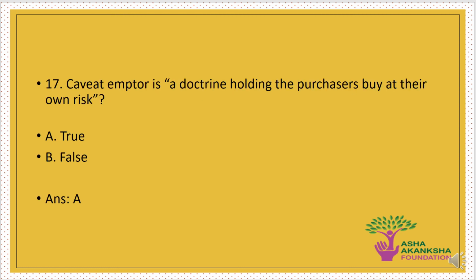The next question is: caveat emptor is a doctrine holding the purchasers buy at their own risk. The statement is A. True, B. False. The correct answer to this question is option A. That is, the above statement is true to its content.